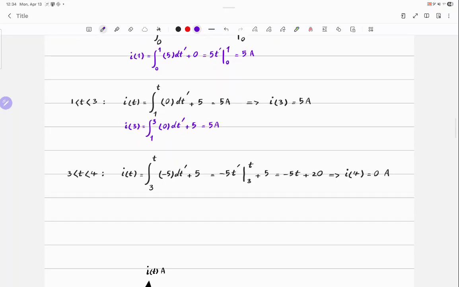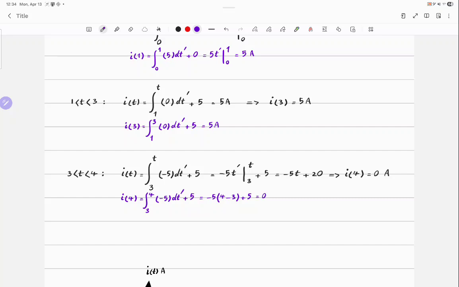For the third one, you can write I of 4 is equal to integral from 3 to 4 of negative 5 dt' plus 5. It's equal to negative 5 times 4 minus 3 plus 5. Did I do it right?